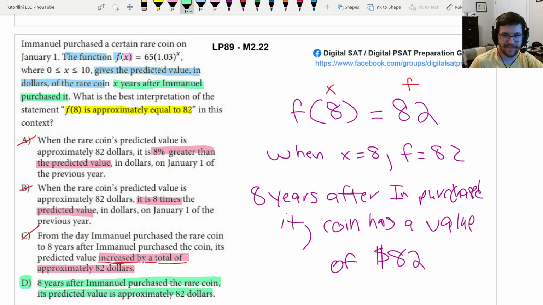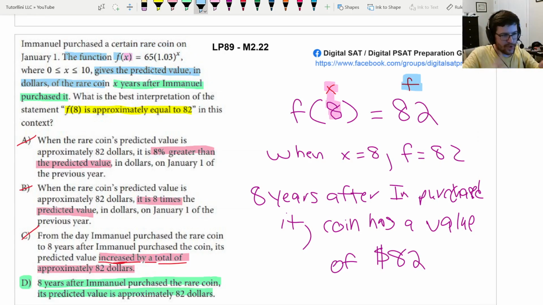Great. Okay, so you see how much easier these are if you write them down first before you start looking at the answer choices. So remember what I said too? This letter inside the parentheses goes up here, and this letter in front of the parentheses goes over here.